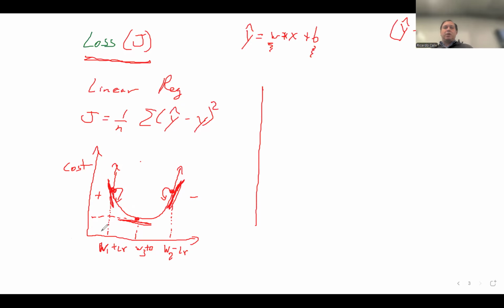My drawing may not be great, but maybe like that, it's that slope or that slope. That's just calculus. And so it's telling you which direction to go in. It could be, for instance, that this one is negative, but then this one is going to be positive. That really doesn't matter because it's going to be the opposite.